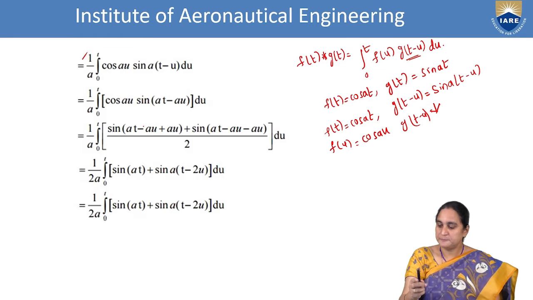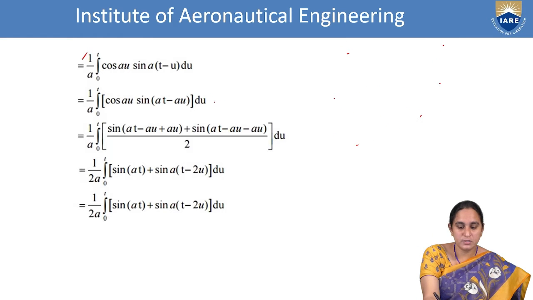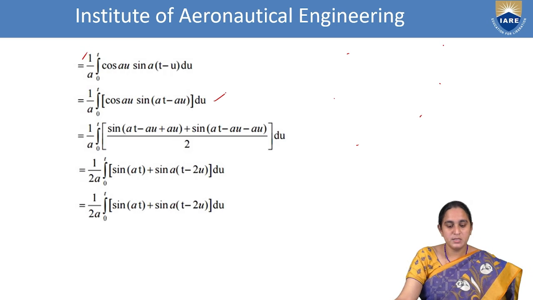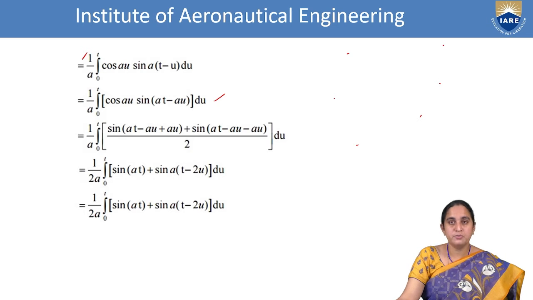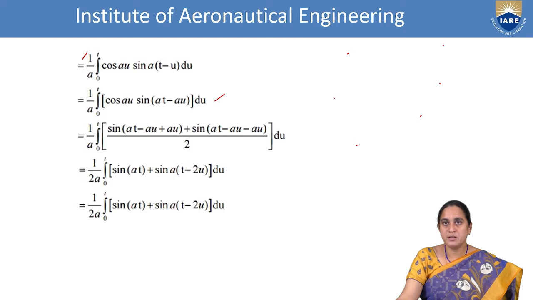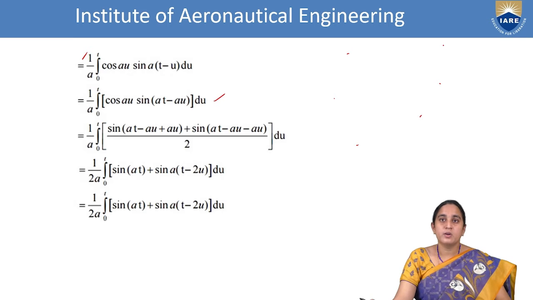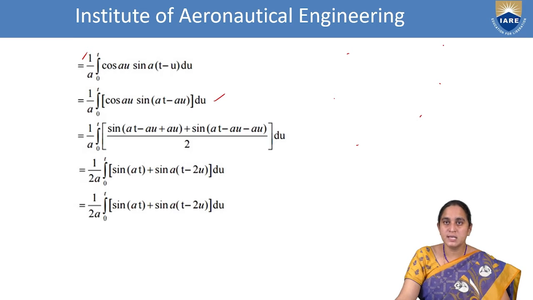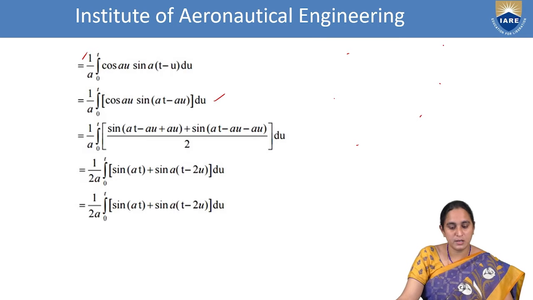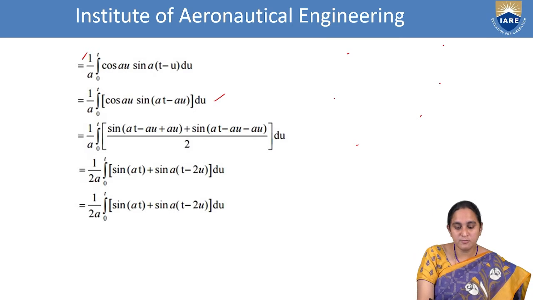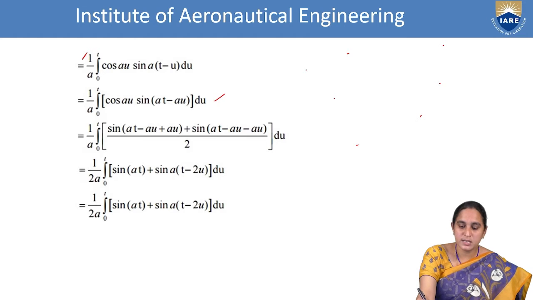Once you observe here, what is the formula of that? It is in the form of 1 by a into integral 0 to t cos au into sin of a of t minus au du, which is in the form of the 2 cos a sin b formula. What is the formula of 2 cos a sin b?